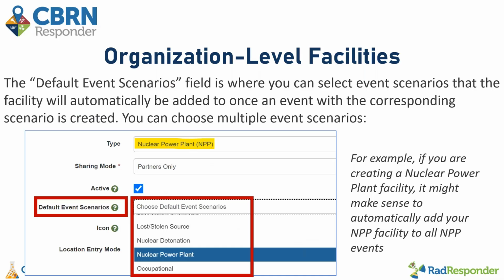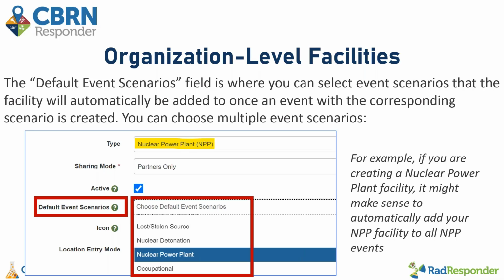Backing up to that default event scenarios field, this is where you can select event scenarios that the facility will automatically be added to once an event with the corresponding scenario is created. And you can choose multiple event scenarios. This is a multi-select field.